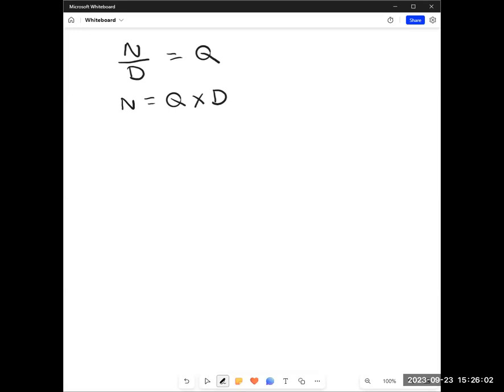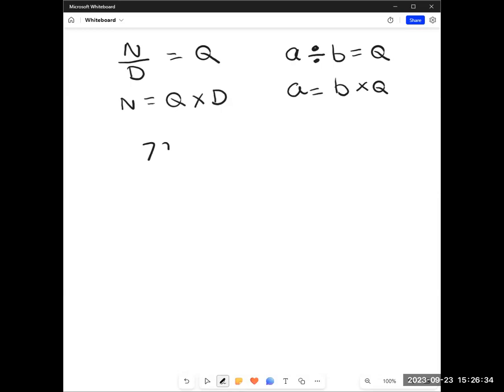Similarly, I could write that same problem as A divided by B is equal to Q, and that would mean that A is equal to B times Q. So we're going to look at things that way first, or we're trying to look at the multiplication.